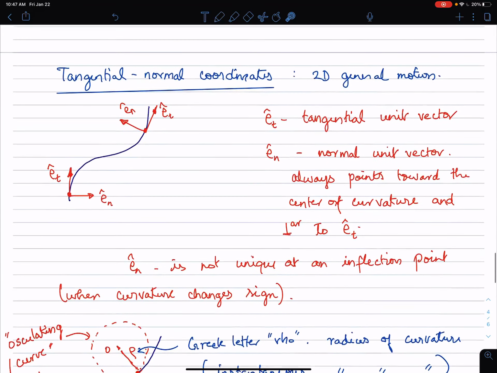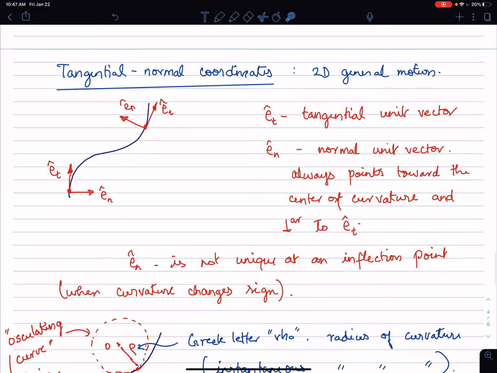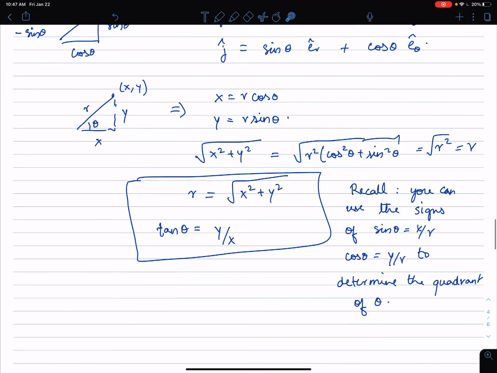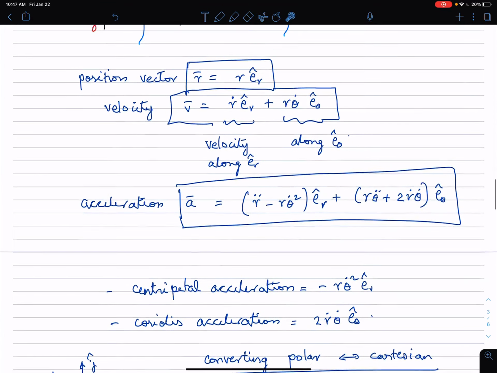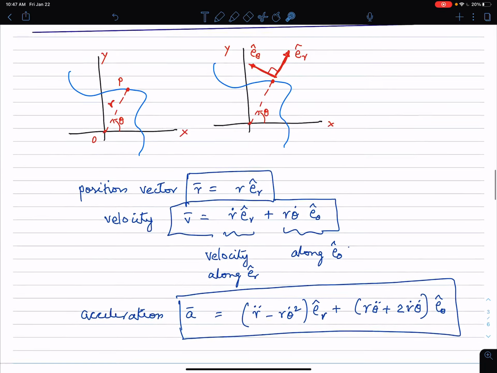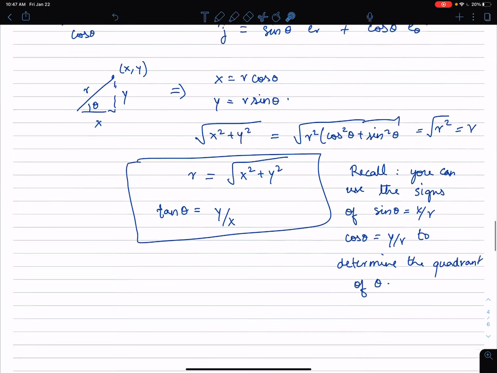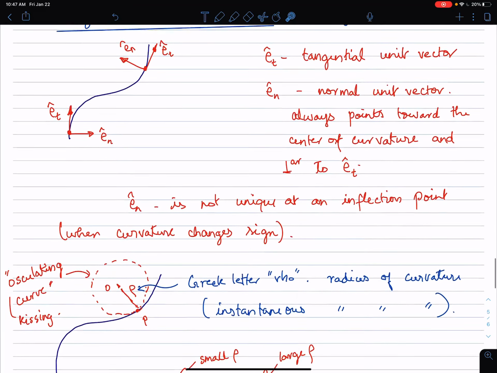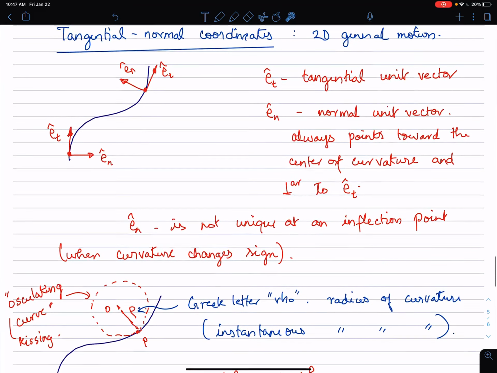Okay, let's go back to tangential normal. Just like we have position, velocity, acceleration for polar coordinates, we would like to develop similar formulas for tangential normal coordinates.